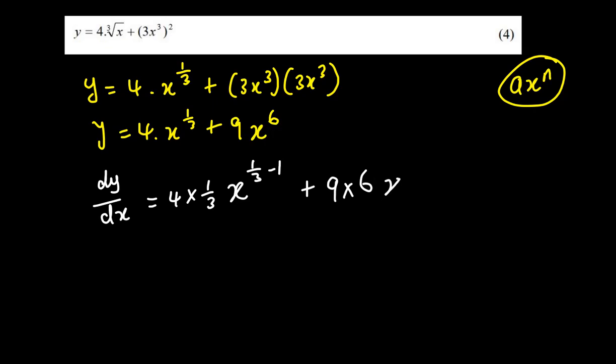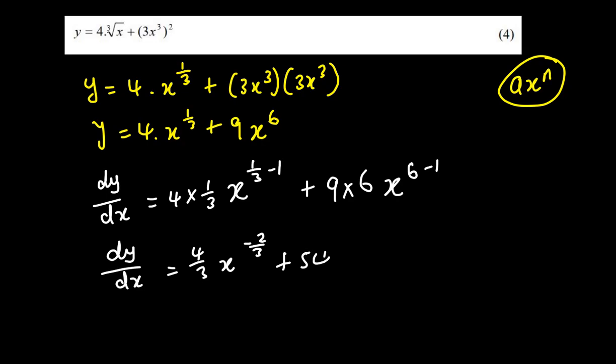Then you say the exponent 6 minus 1. So your dy over dx would be what? 4 times that would be 4 over 3. Then you have x. 1 over 3 minus 1 would be negative 2 over 3. And then 9 times 6, 9, 18, 27, 36, 45, 54.